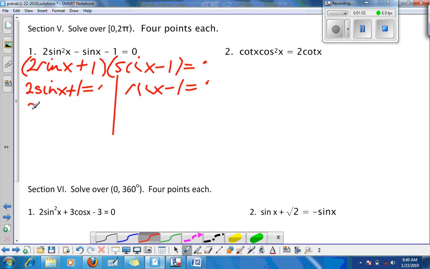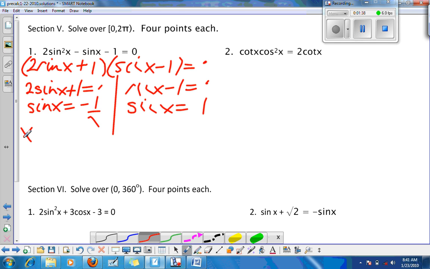So over here, I have the sine of x equals negative 1/2. And here, I get the sine of x equals 1. To figure out what angle has a sine of negative 1/2, I look at my unit circle. First of all, the negative means it has to be in quadrant 3 and quadrant 4.